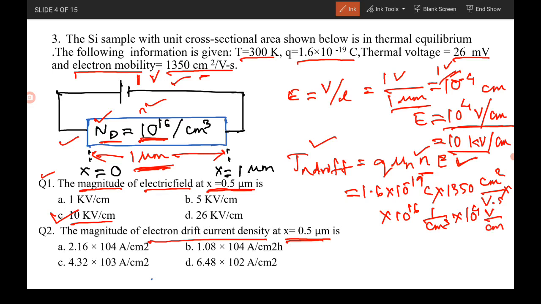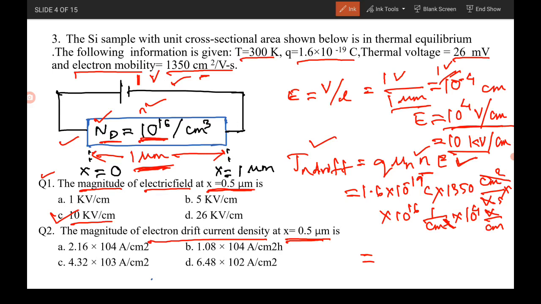So now let's see. Here centimeter square and centimeter cube get cancelled, so only 1 over centimeter remains, and the volts here and the volts there get cancelled. So what you will get is 1.6 into 1350.